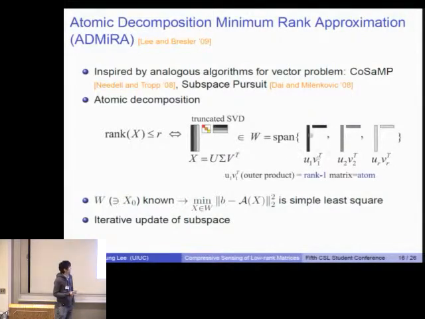And actually, this matrix is spanned by these rank 1 matrices, and we call it an atom. And once we specify this subspace spanned by rank 1 matrices, then the problem becomes easy. So minimizing a quadratic function over a subspace is a simple least squares problem. That's the intuition. The goal of this algorithm is to iteratively update the subspace.